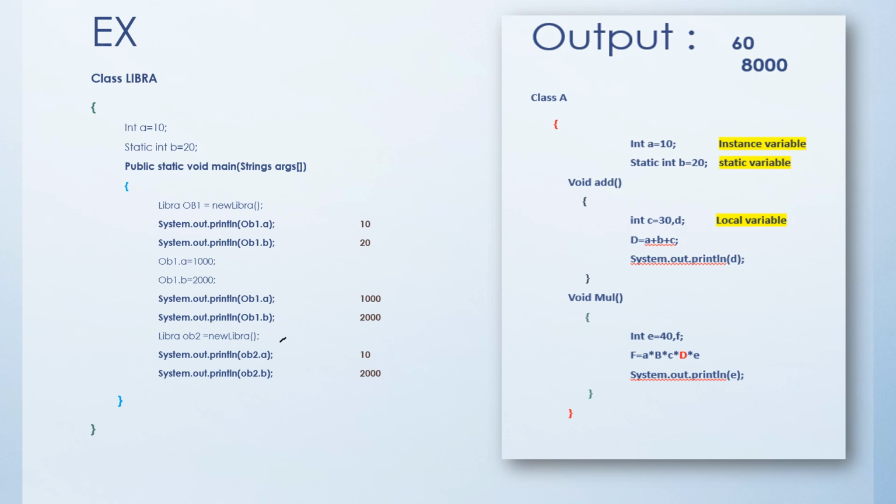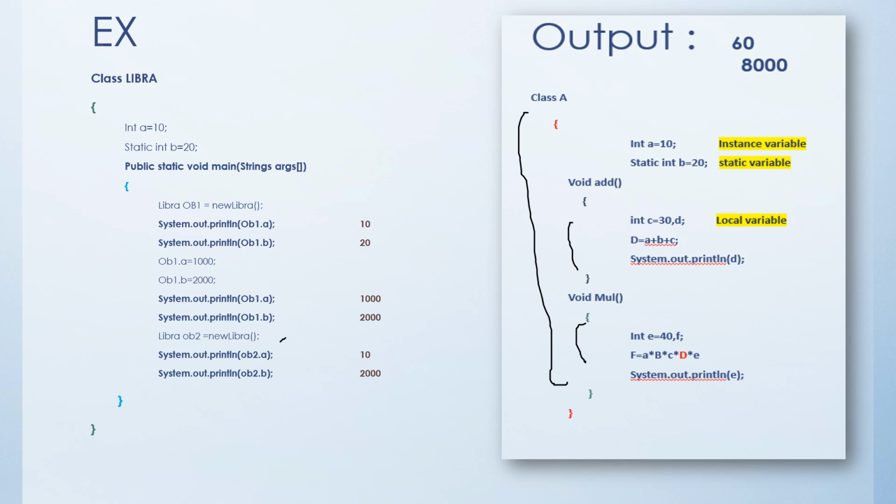So the simple logic regarding this is: an instance variable is inside the class, outside the method, block or constructor. If you see, this is a class and this is a method inside the class, from start to end. A variable without the static keyword is called an instance variable.